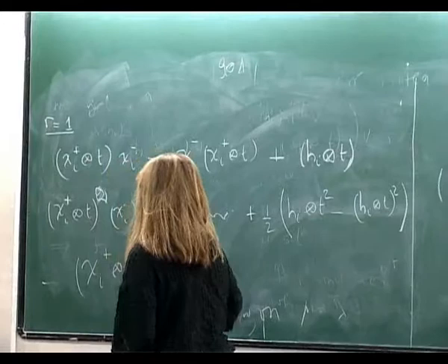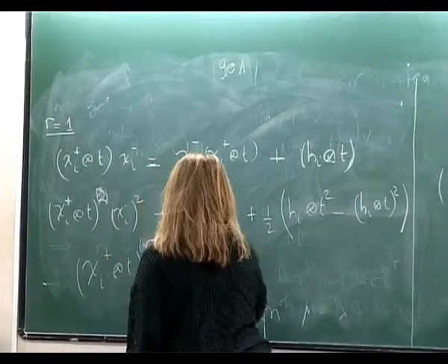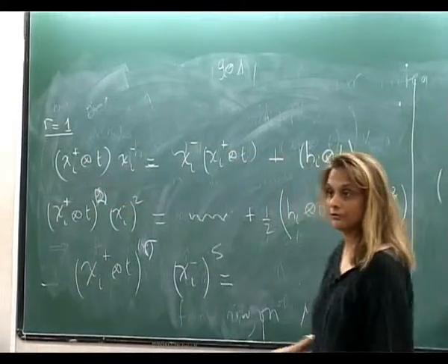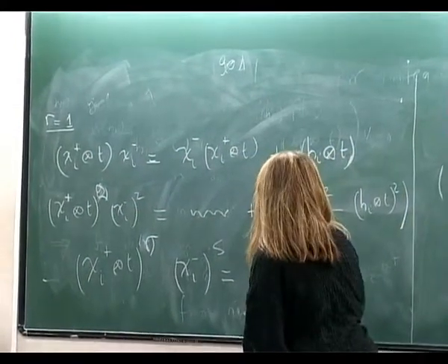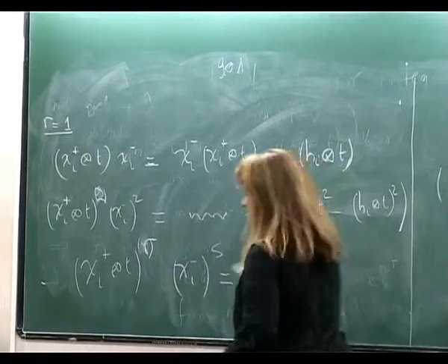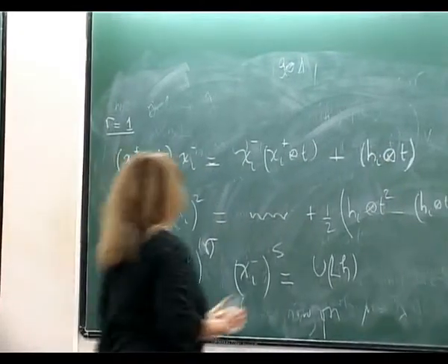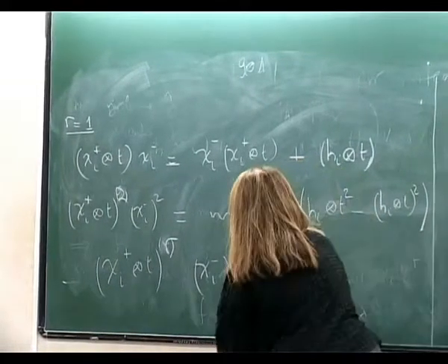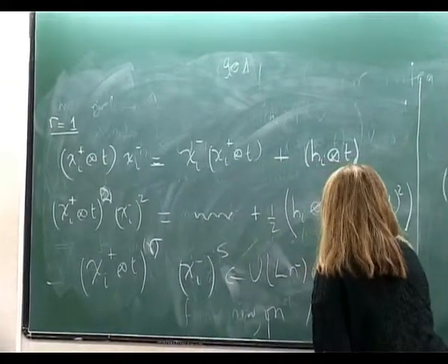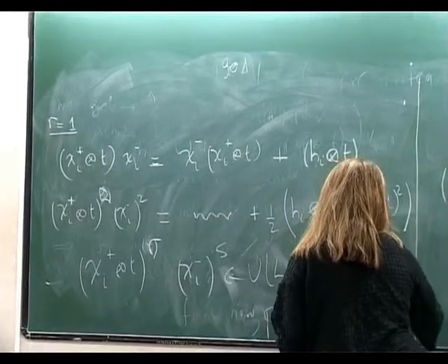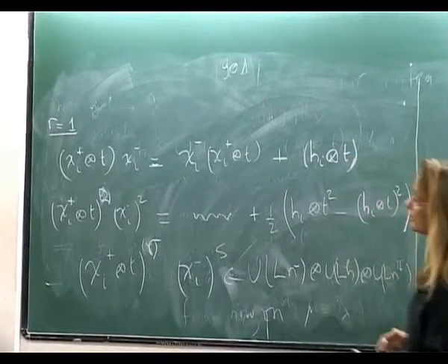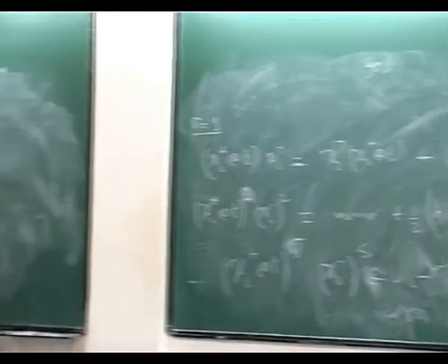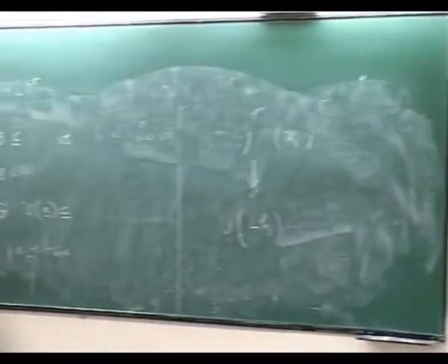I keep writing divided powers, xi minus to the s, and you rewrite it in the form that I wanted, so in the form of U of Ln minus tensor U of LH tensor U of Ln plus, according to the decomposition. So then you abandon this calculation, and you're very glad that somebody else did it, and I'll tell you what the answer then is.